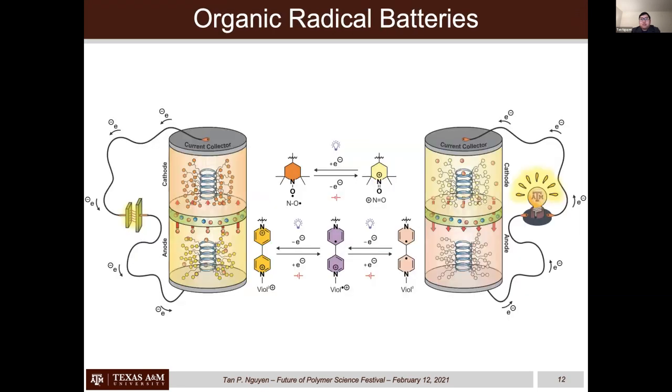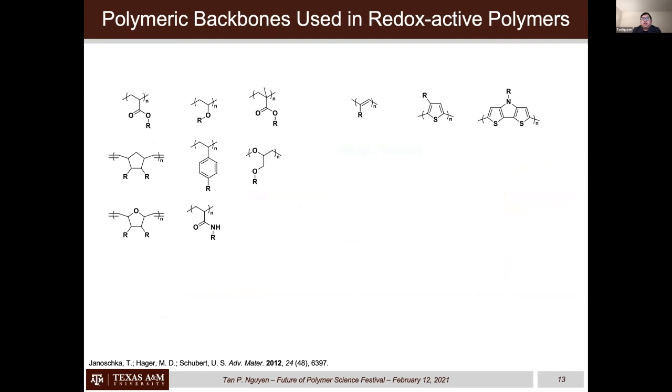This is an illustration of the organic radical battery, with the polymers carrying the TEMPO radicals in the cathode and the polymers bearing the viologen moieties in the anode. These moieties have been incorporated onto a variety of polymer backbones, and here are some examples.